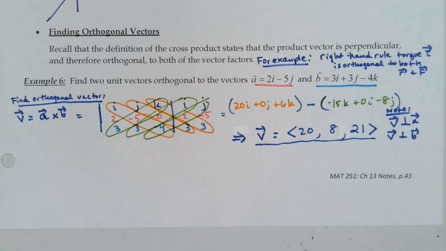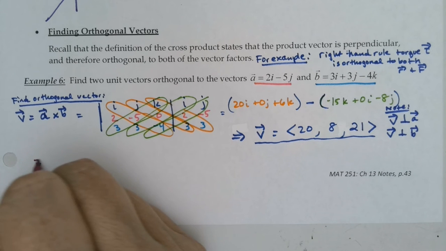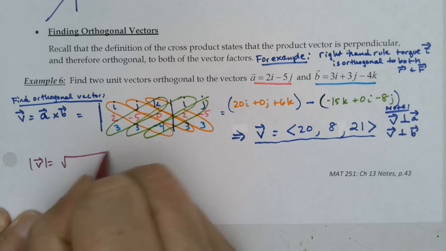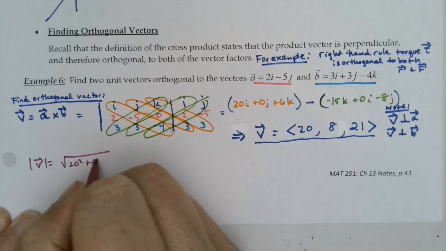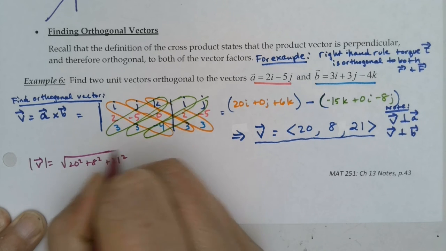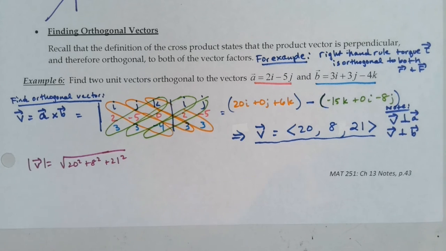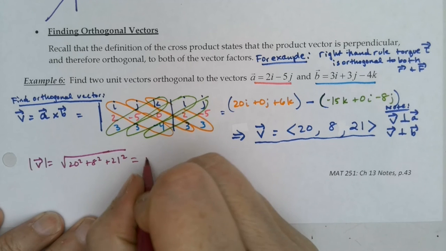But the problem is it's not a unit vector, unfortunately. That's okay. To make a unit vector, I just need the magnitude, and then I can divide by the magnitude and I'll be done. So let's find the magnitude of v. The magnitude of v is equal to the square root of 20 squared plus 8 squared plus 21 squared, which would be the square root of 905.